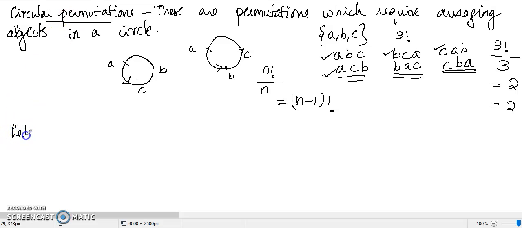So let A be a set of n distinct objects.